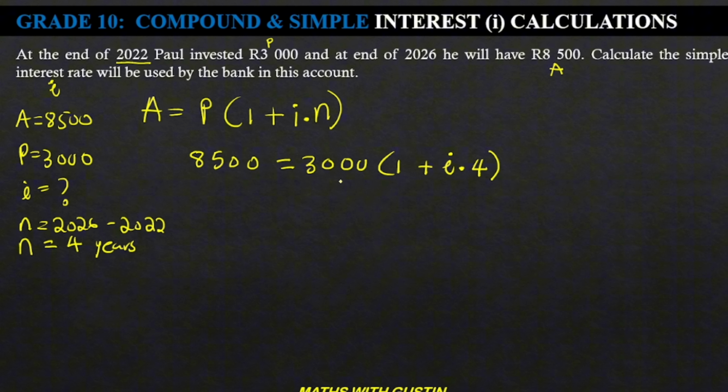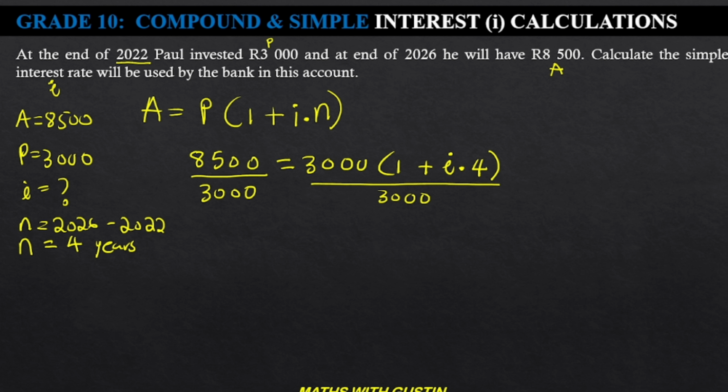Since we are looking for I, we are going to divide both sides by 3,000. I really prefer that we press our calculator at the end so that we don't make a mistake. I normally teach my learners to focus on the workings, because when the markers mark, they look at your method, the way you have worked the equation.